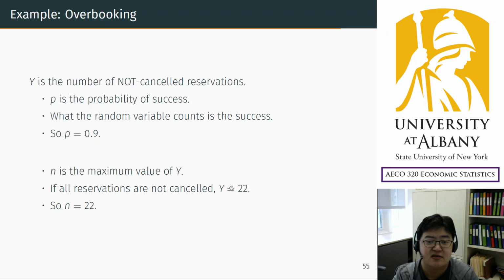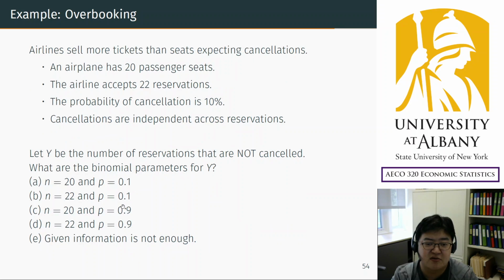The answer is 22 and 0.9. D is the answer. Let me explain why this is the parameter.